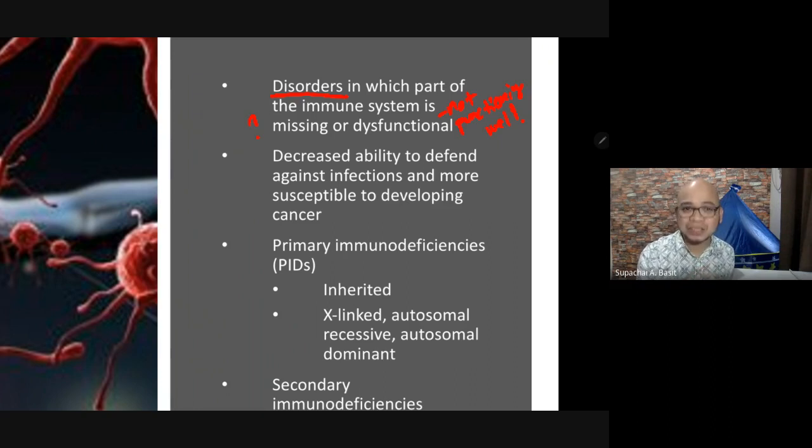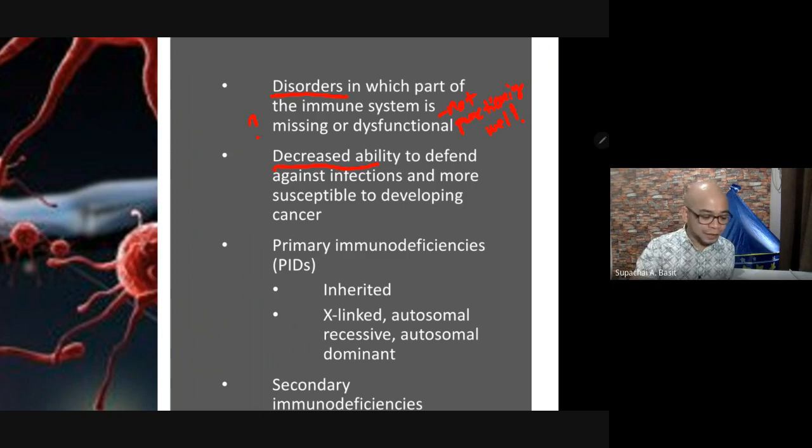Imagine there is a condition known as lazy phagocyte, wherein a phagocyte is not doing its job, which is to phagocytize foreign matters. As a result, there would be what? Decreased ability to defend against infections, and more so, we become susceptible to develop malignancies or cancer.